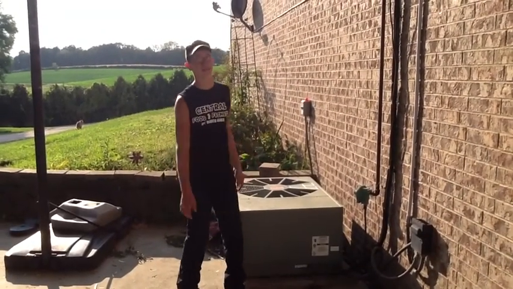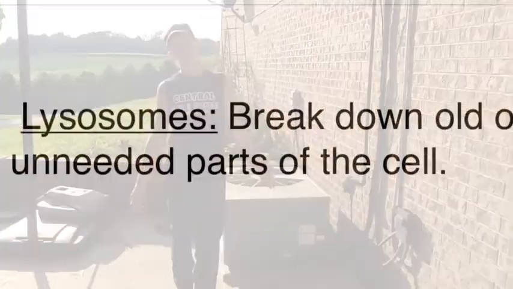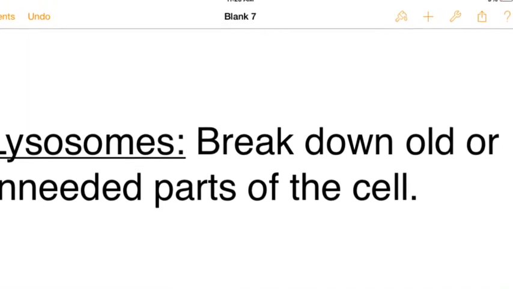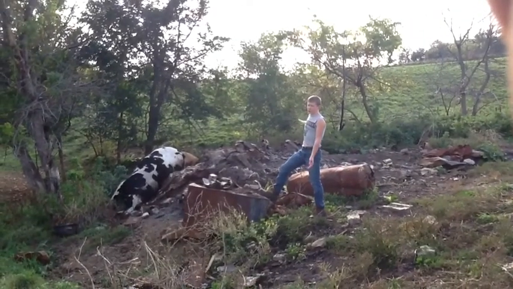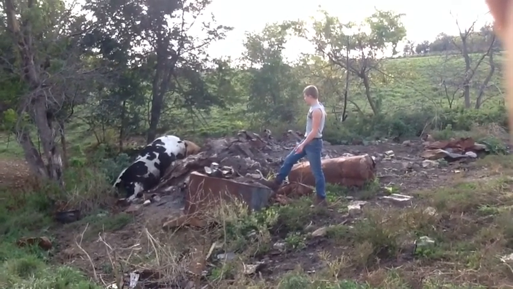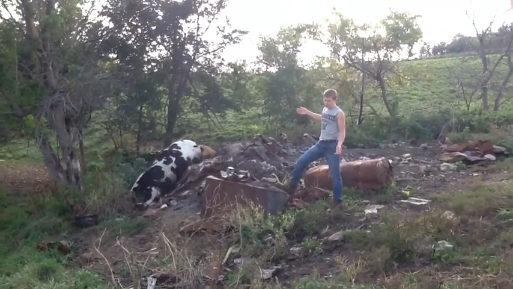This generator is like mitochondria because it generates energy for the cell. There's lysosomes, which break down the old or unneeded materials of the farm, or the cell, the farm cell.